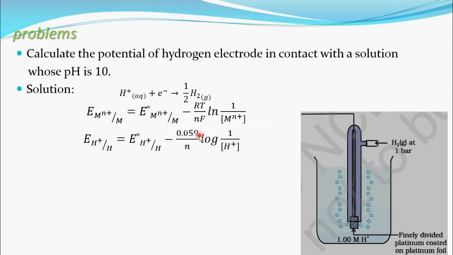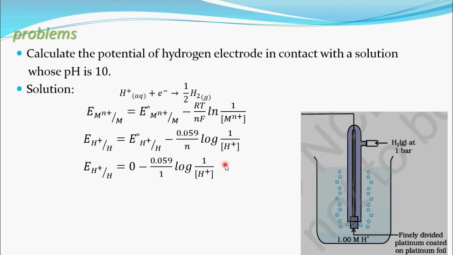Now you know that the standard electrode potential of hydrogen is 0, so this term is 0 now. So the reduction potential of hydrogen equals 0 minus 0.059 divided by n. n is the number of electrons transferring. Here H plus ion is taking 1 electron, so n is 1, and keep everything else as it is.